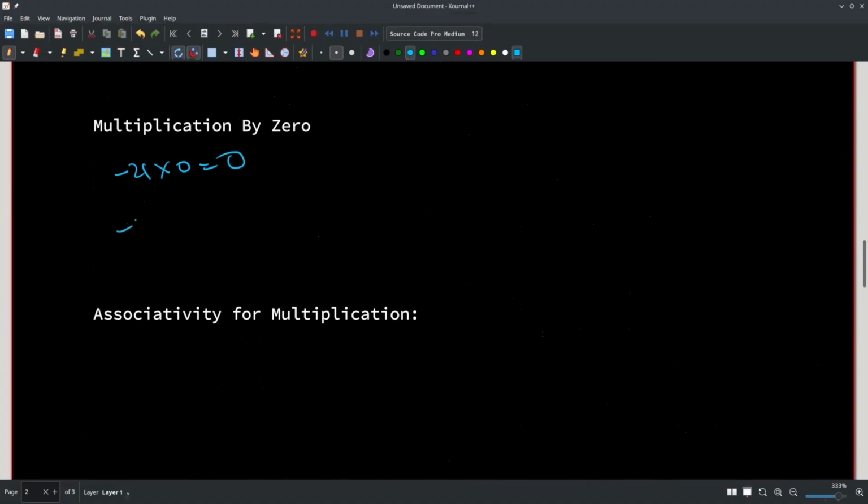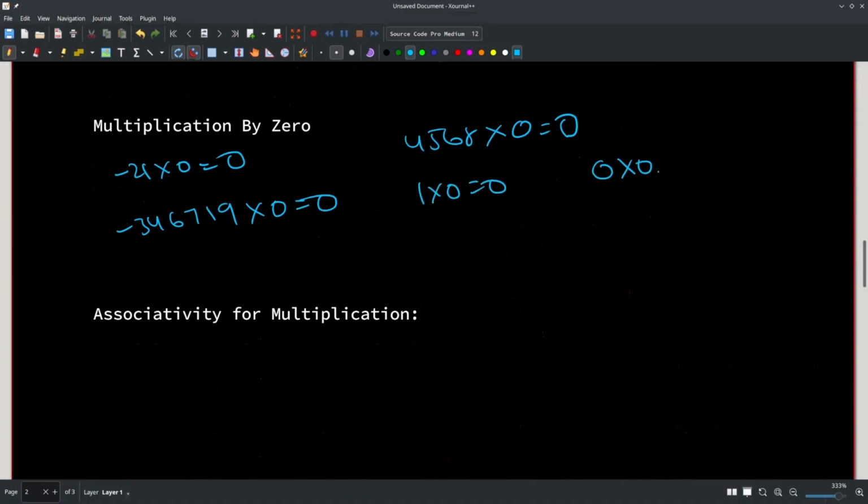Any positive number, 4, 5, 6, 8 into 0 is going to result in a 0 again. So 0 multiplied by 0 is also 0. So any integer, when multiplied with 0, will result in 0.